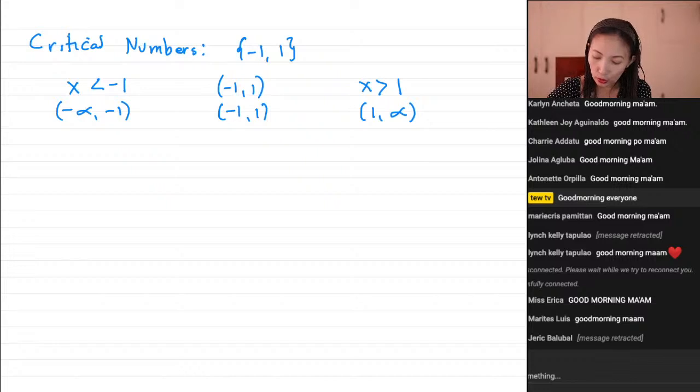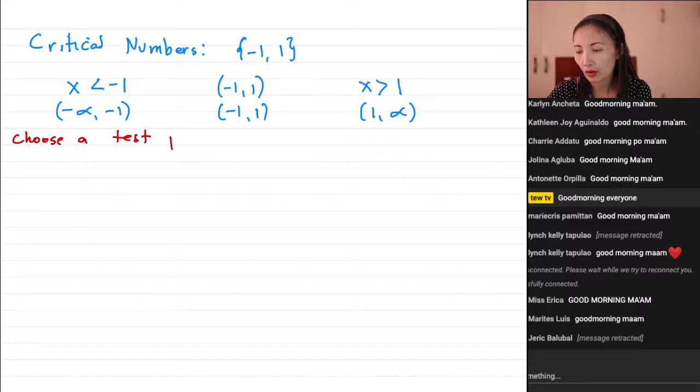Now, I want you to choose a test point. Okay, test point, a number which belongs to the interval. Okay, so for the first interval, -infinity to -1, let x be equal to -2.